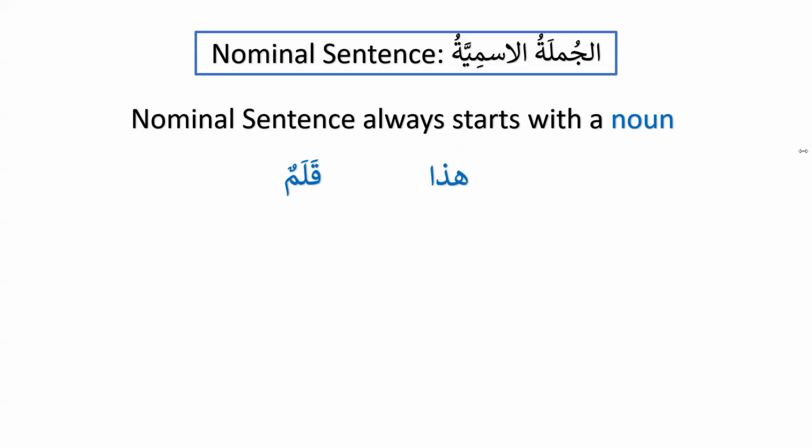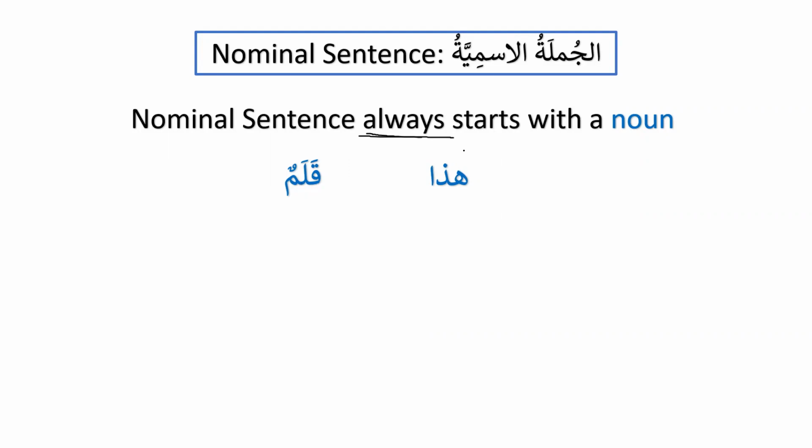Al-jumlatul ismiyatu. As I mentioned previously, a nominal sentence always starts with a noun. Now we really need to understand the Arabic language. What we basically need to do is know the combination of the nouns, because I have told you that there is no is, are, am, and similarly we don't have a or an in Arabic.